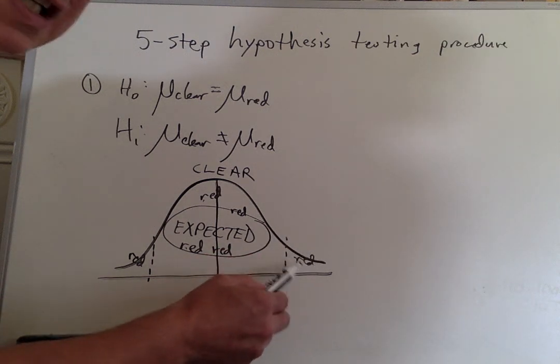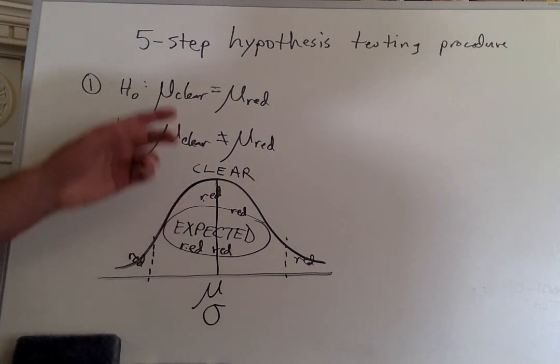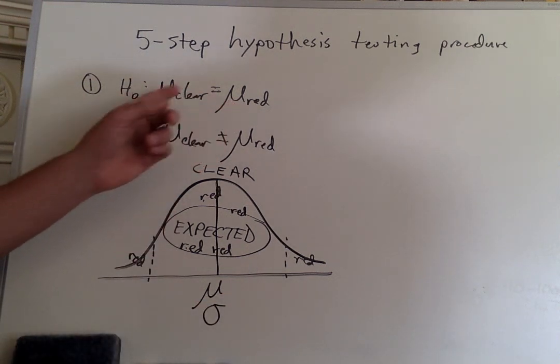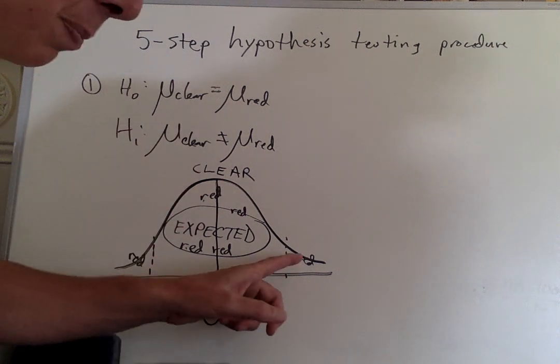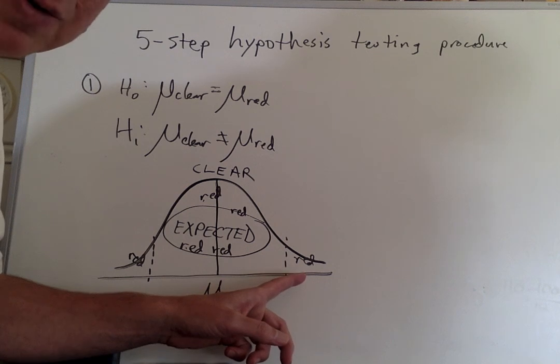I don't usually see this from the clear. And so what I would then conclude is that the red looks like it's different from clear. Even though it's possible to get a clear solution out here, it's not probable.